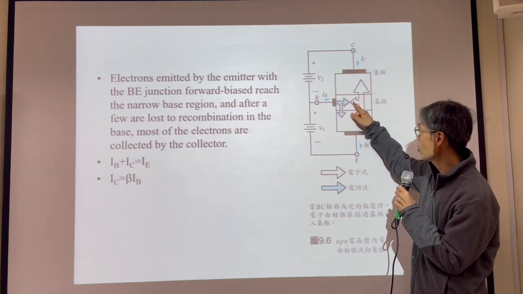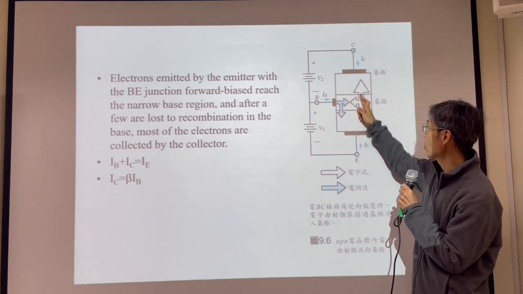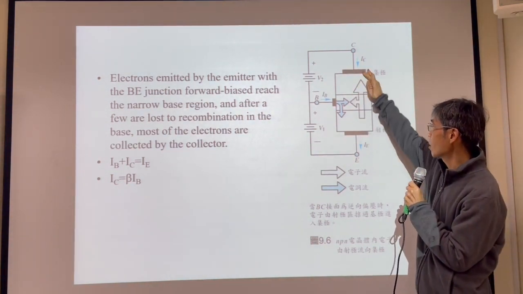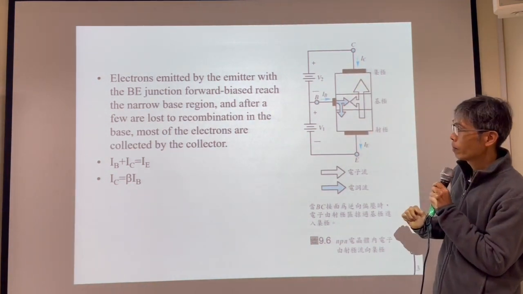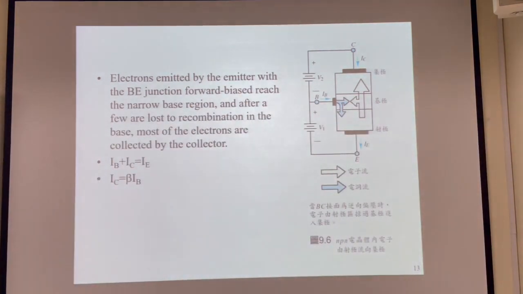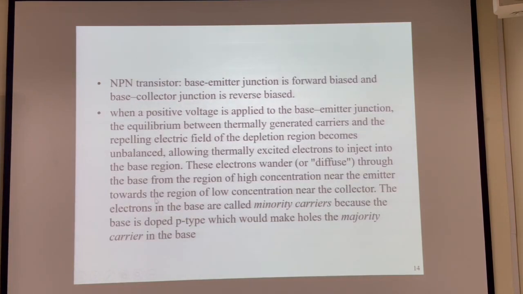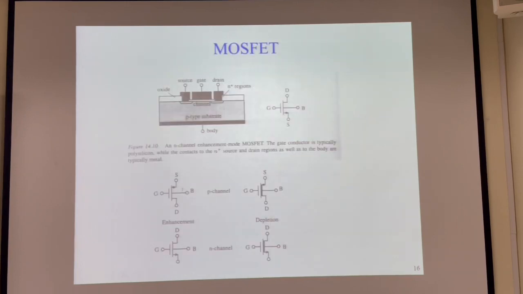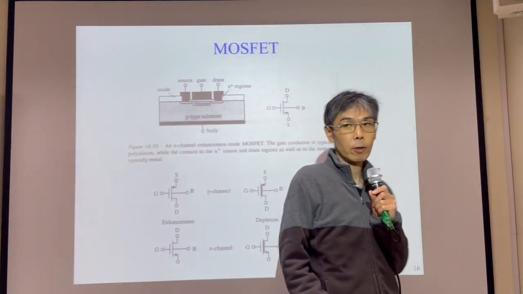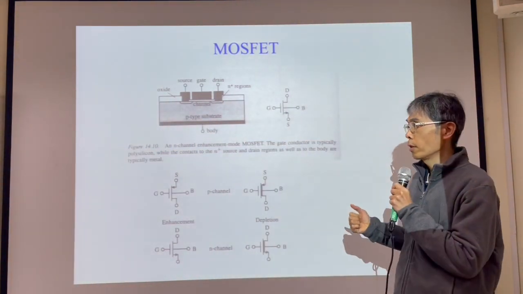Some of them go this way, and most of them go this way. So electron this way and current this way. So that is the BJT device for the transistor.